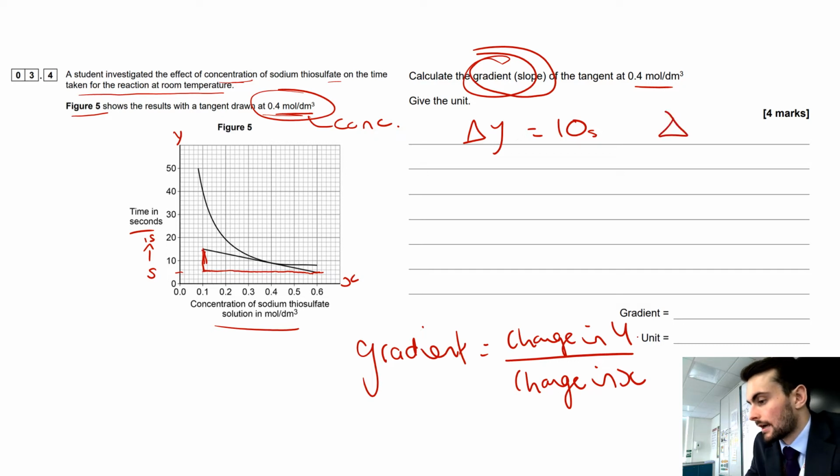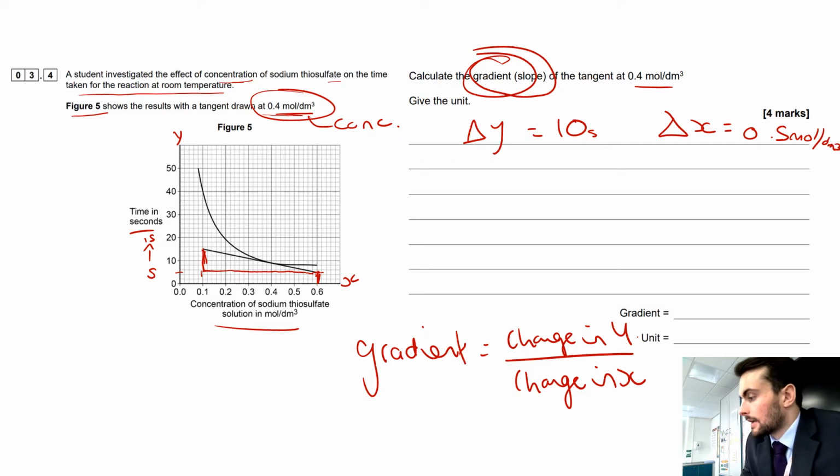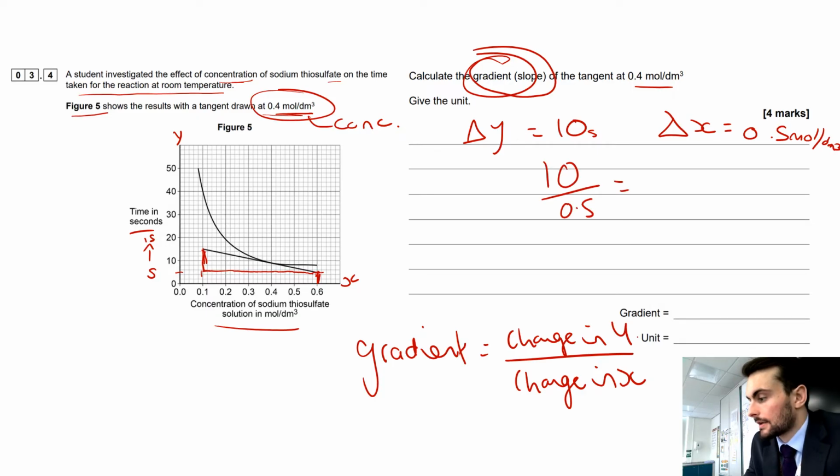The change in x, it's gone from 0.1 up to 0.6, so the change in x is 0.5 moles per decimeter cubed. Then we just calculate, chuck them into the equation. The change in y was 10 divided by the change in x was 0.5, and the answer is 20. So that's your number.